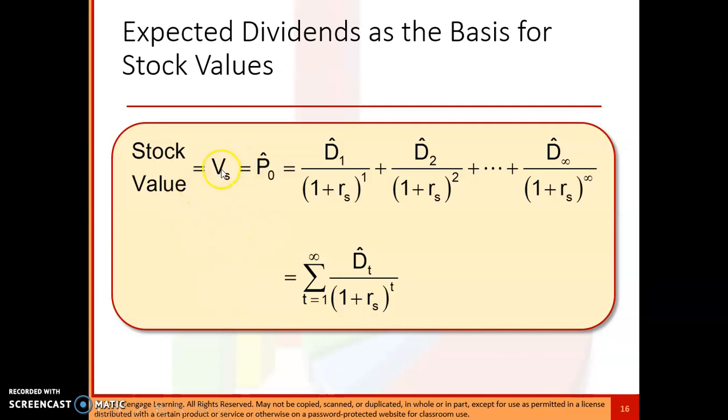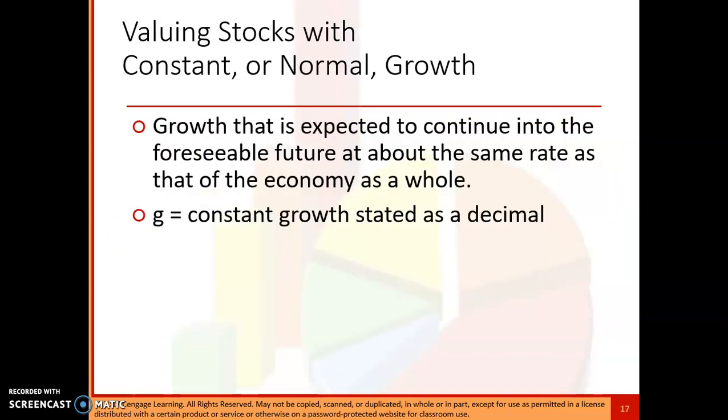We also use V for the value of the stock, or P for the price of the stock. Either term is acceptable. All we're doing is summing up all the future dividends based on our expectations.